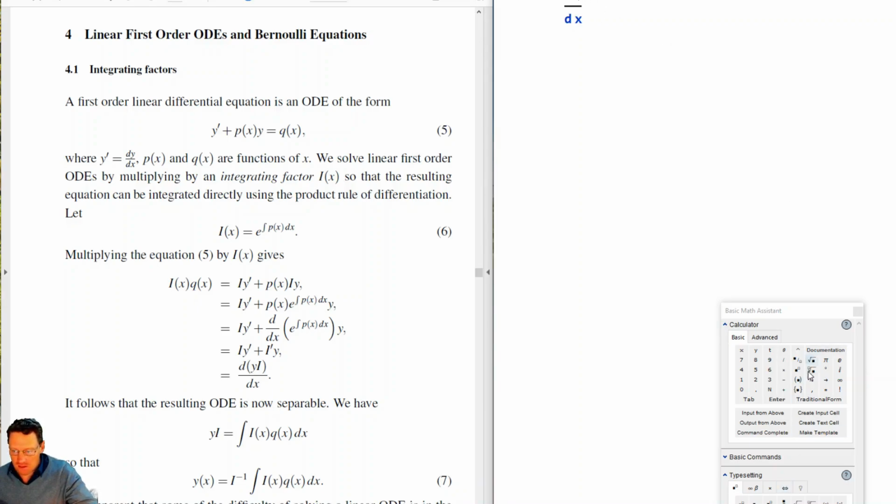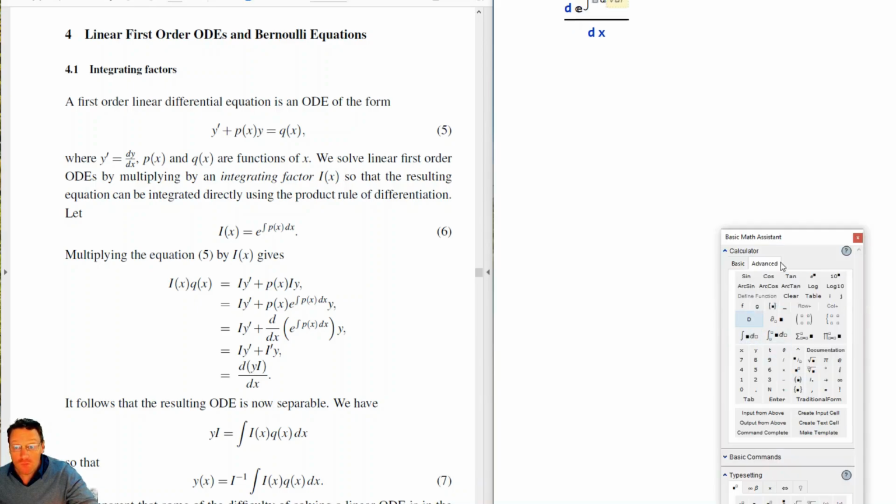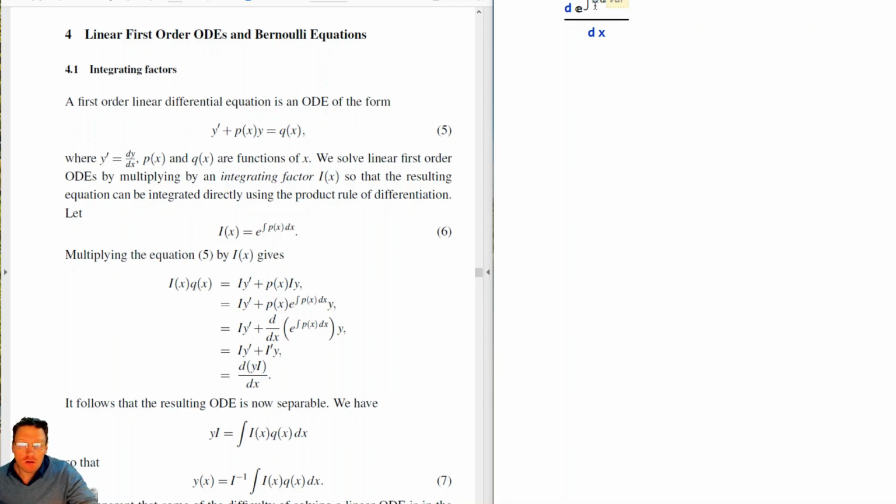We've got e to the power of the integral of p of x with respect to x. Let's set this out with the chain rule here.